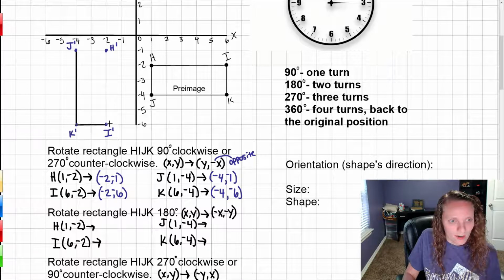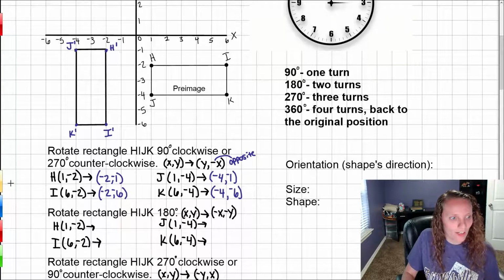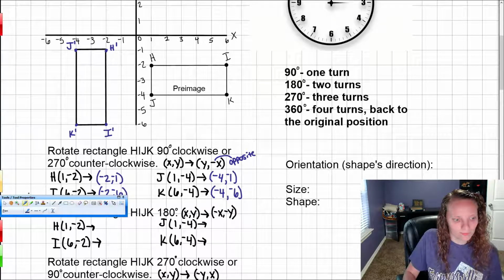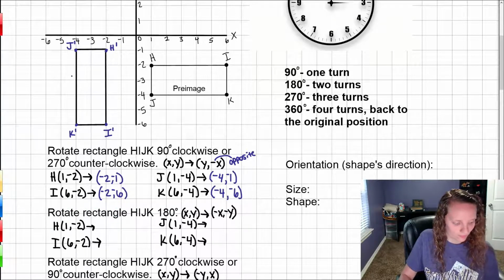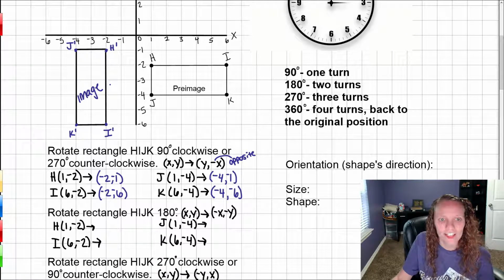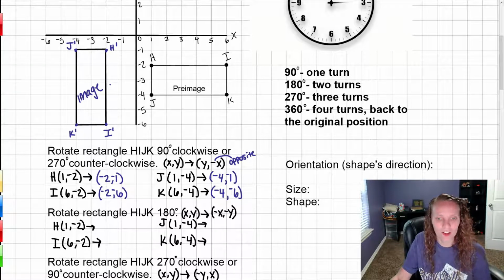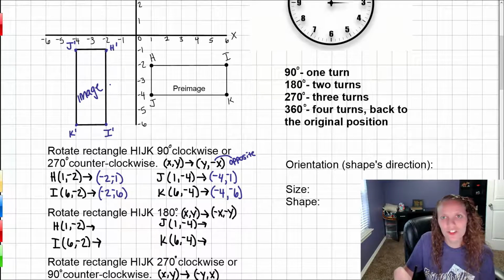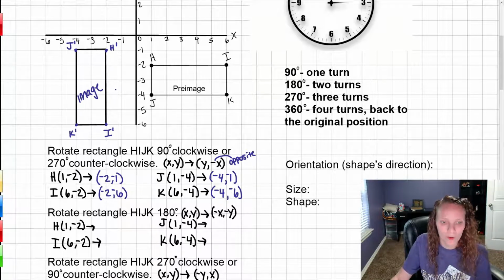And this is now our image, the shape after it has undergone a transformation. Alright, so this is called a 90-degree clockwise turn or a 270-degree counterclockwise.